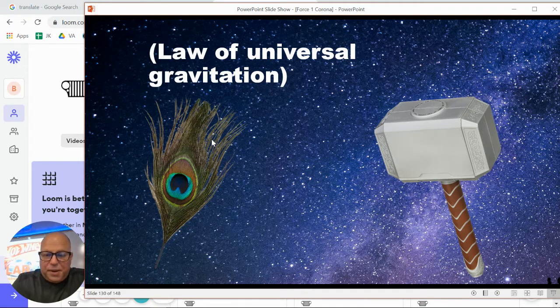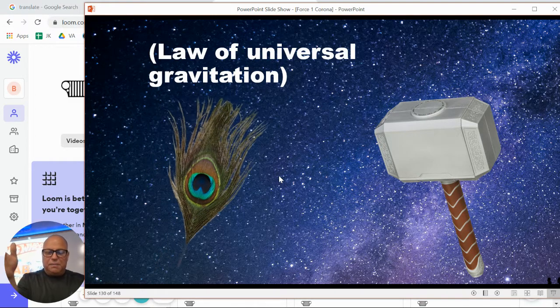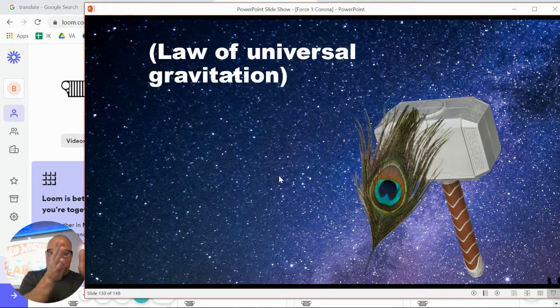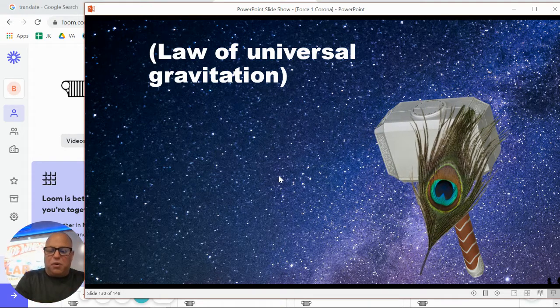The other thing, remember, when they're pulling towards each other is how much mass they have. Now, the hammer actually would have way more mass than the feather would. So if you put them out in space all alone, without moving, and you let them alone, basically the hammer is going to pull the feather towards itself because it's got more mass to it.